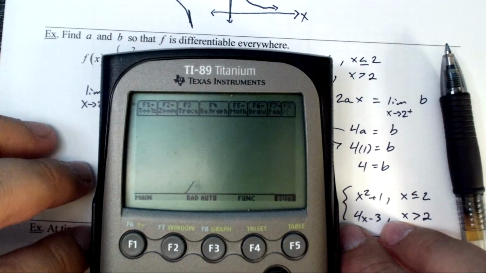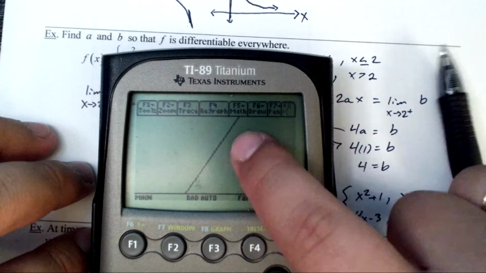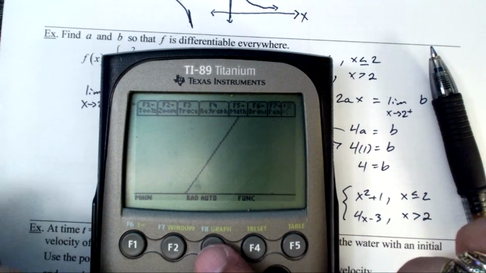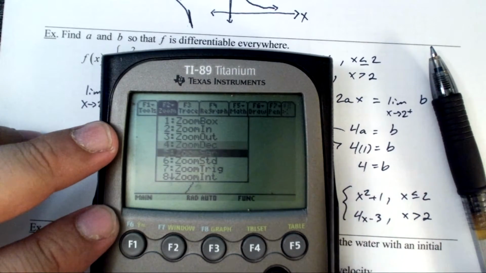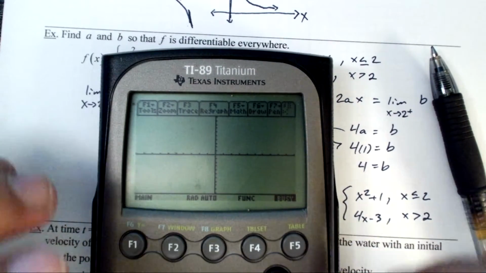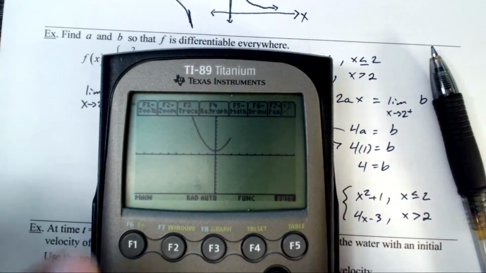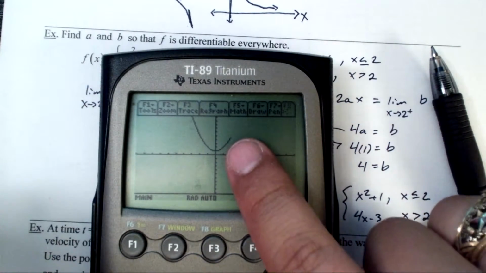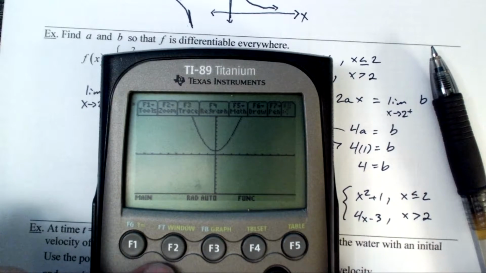So you can see that there was a gap there, but then it picked up again. So let's zoom back out to the standard window, and what I want you to see is when we zoom in really close at that point 2, it's going to get flatter and flatter and flatter and flatter.